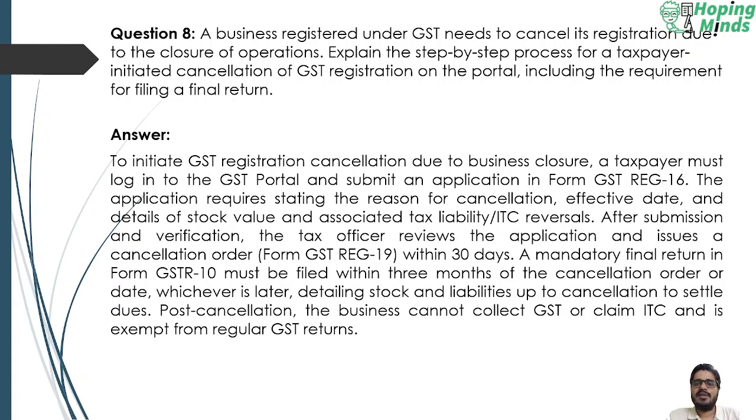So to cancel an existing registration, the taxpayer must clear all the GST liabilities first, then he has to file a cancellation application and reverse any input tax credit that is appearing in the portal, file a stock statement, and then finally, once the registration application is accepted, a final return is to be filed.